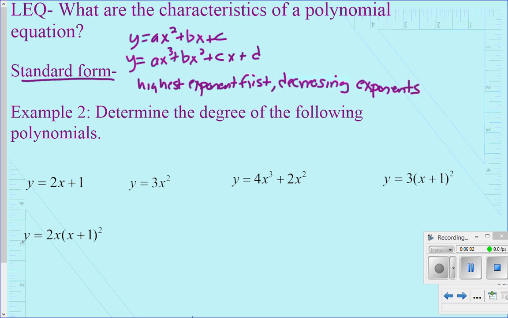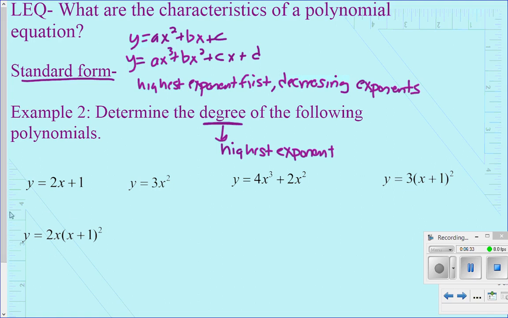Okay. Now, when a polynomial equation is written in standard form, its degree is very easy to find. First of all, let me define degree. So degree means the highest exponent. So if I'm looking at a polynomial that's in standard form, like this first one, for example, I just have to look at the first term and look at the exponent, and that is the degree.